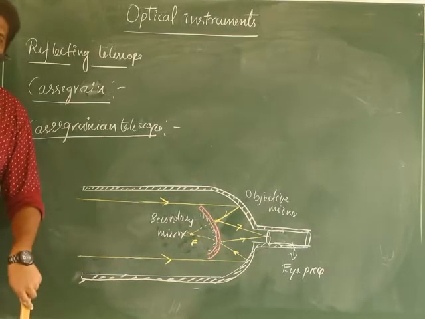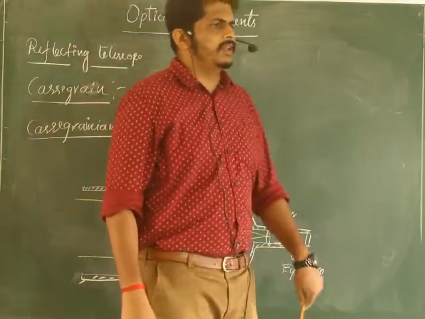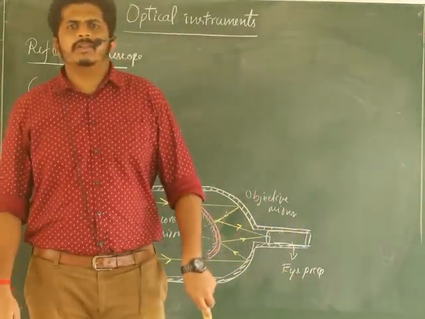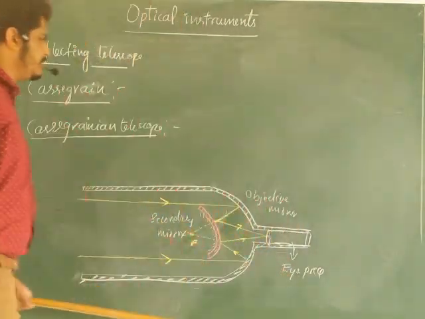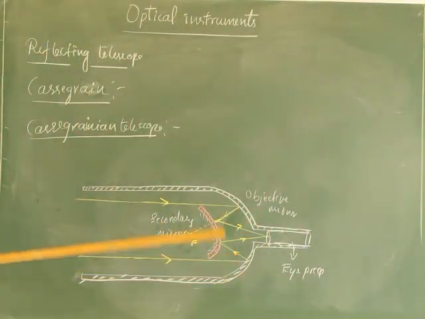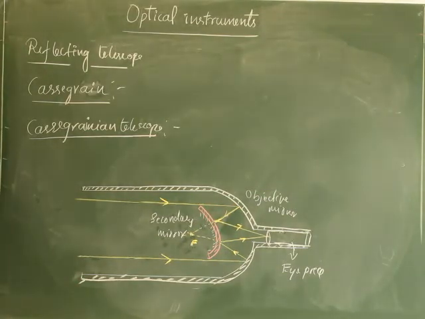Terrestrial telescopes use lenses, but for astronomical telescopes, using lenses is very rare nowadays, because they use the Cassegrain telescope model, in the sense the reflecting telescope. Why? Because it gives more information, it receives more amount of light. So that is why this is important.